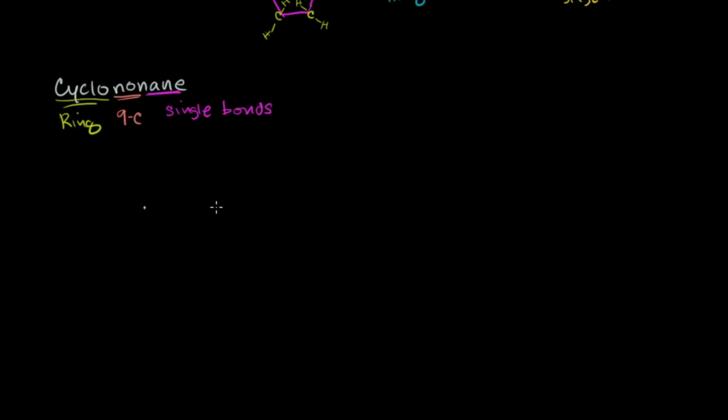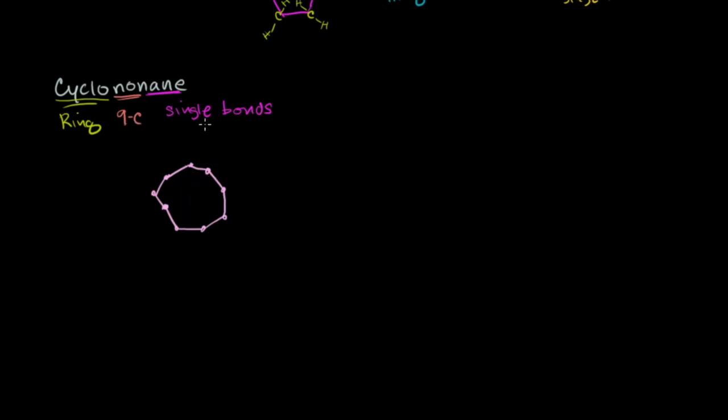Not possible, so let's do it again. 1, 2, 3, 4, 5, 6, 7, 8. Alright, so that will be a 9. Done. So now check it, the carbon points. This is the first carbon, second, third, fourth, fifth, sixth, 7, 8, and that should be 9.